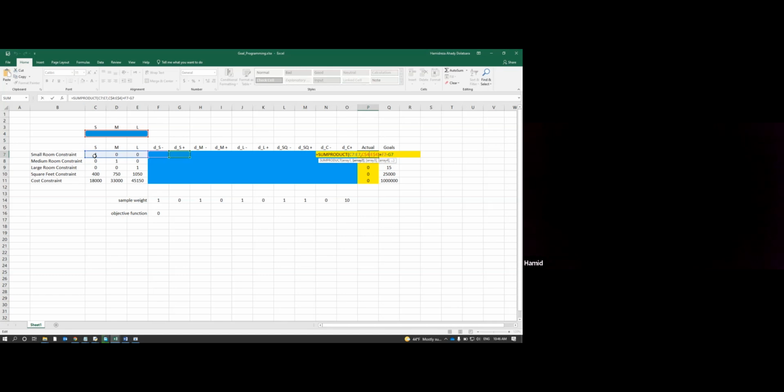For S it is 1. So S times how many small rooms we want to make, plus deviations, so D minus minus D plus.